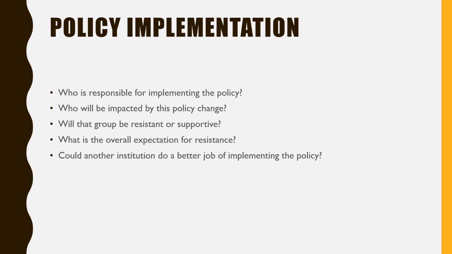Could another institution do a better job of implementing the policy? When you consider, for instance, I watched a program about the siege at Waco, where a bunch of members of a minority religious group were killed or killed themselves. I guess that's still debated all these years later.